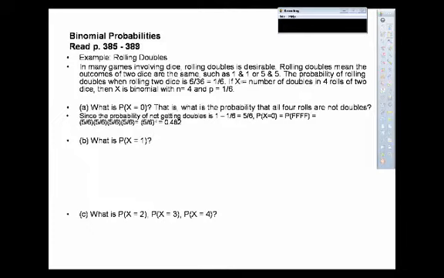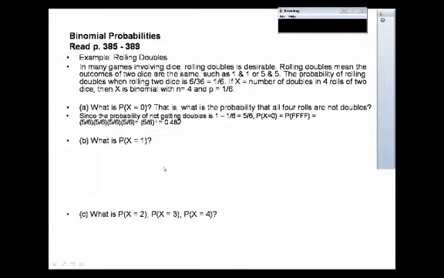So the probability of X equals 0 is the probability of getting four failures, which is 5/6 times 5/6 times 5/6, etc., or 5/6 to the fourth, which is 0.482.